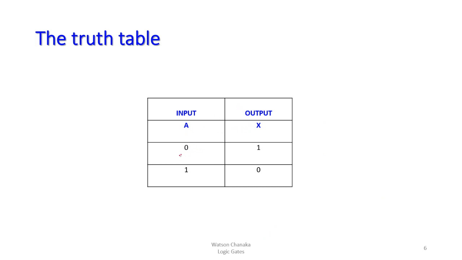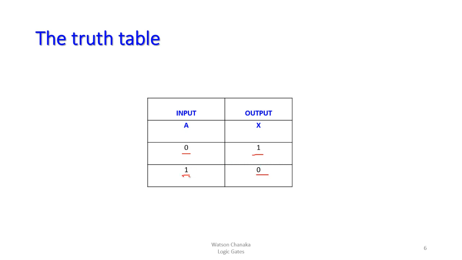So if you input a 0 or a false value, you're going to get a true value here. An off value, you're going to have an on value. A low value, you're going to get a high value. Otherwise, because we've got two options, if you input a 1, you're going to get a 0.